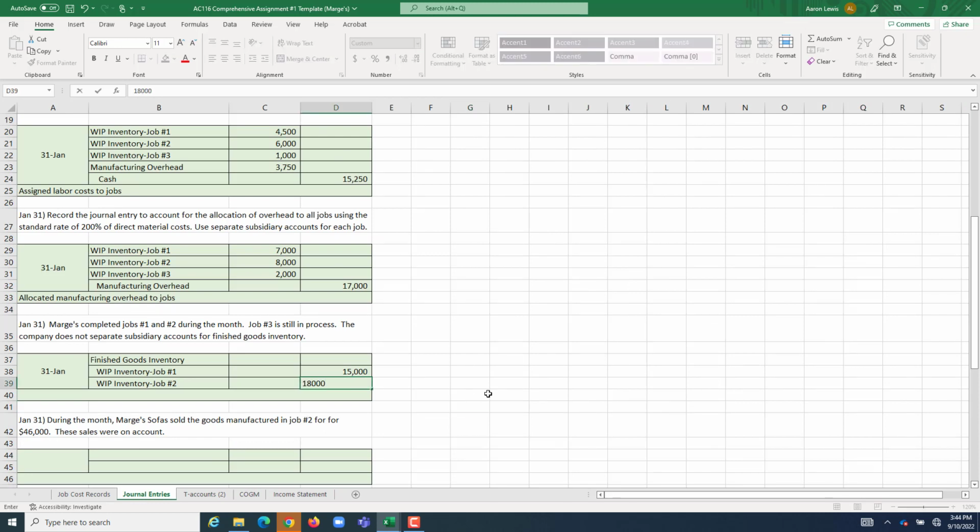So if we moved $15,000 worth of costs out of WIP inventory when we completed job 1, and we moved $18,000 worth of costs out of WIP inventory when we completed job 2, we are moving a total of, adding those two together, $15,000 plus $18,000, $33,000 worth of costs from our WIP accounts to finished goods when we completed jobs during the period.